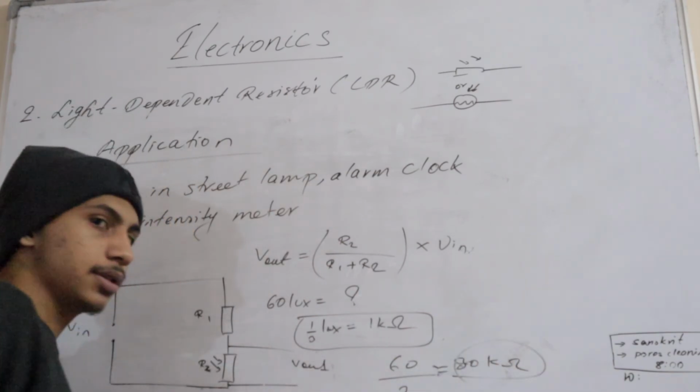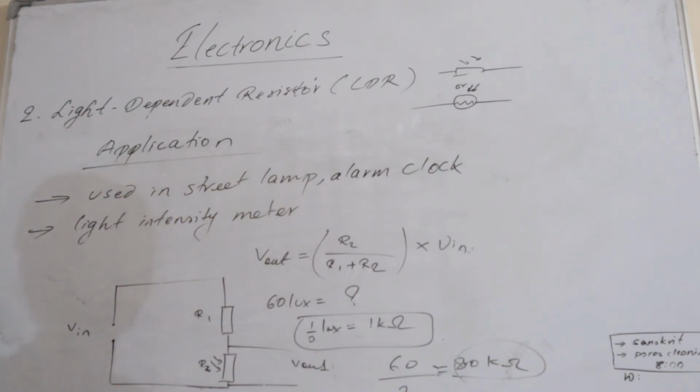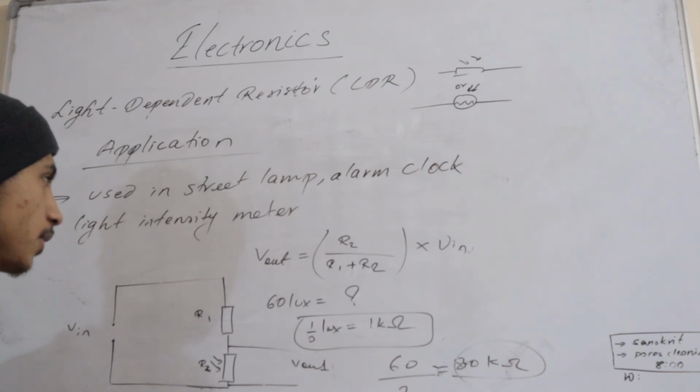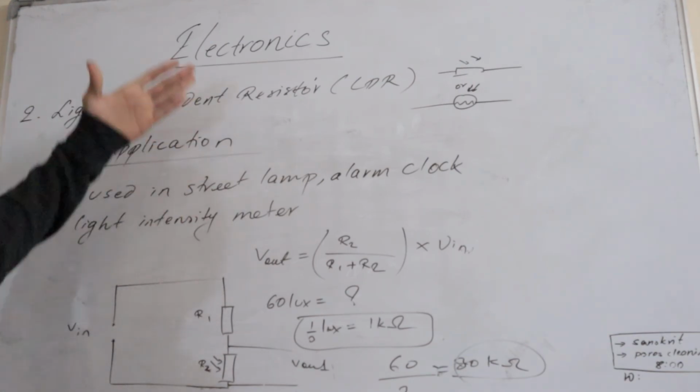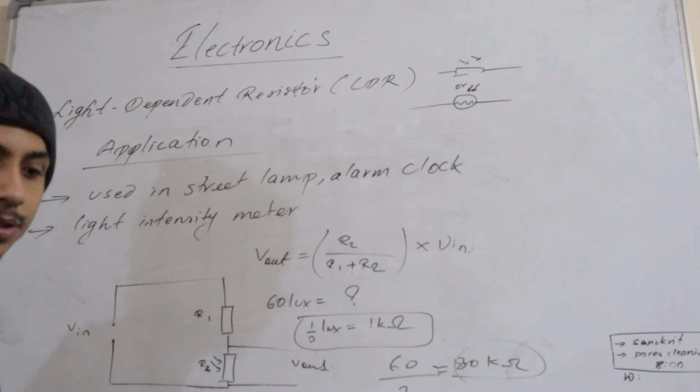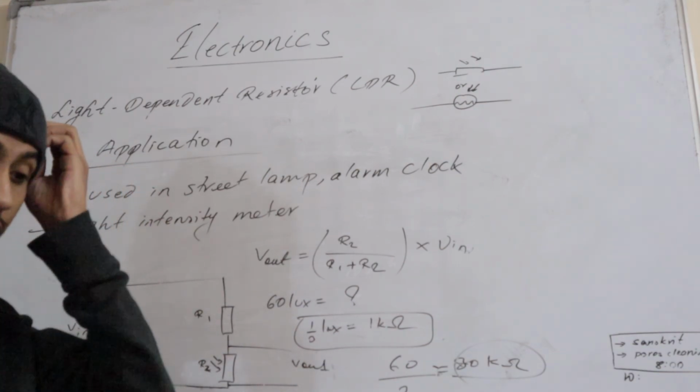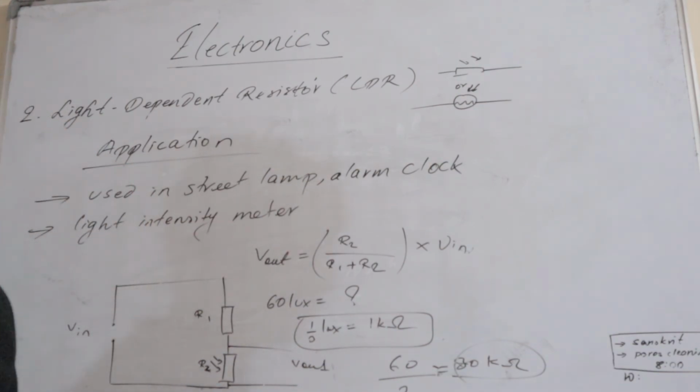Okay, so these types of questions are asked in exams. So this is the concept of the LDR resistor. In the next part I'll talk about the thermistor and metal wire resistors. Okay.